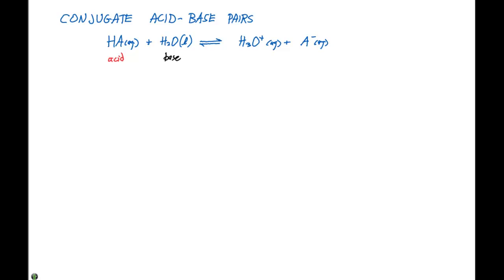On the other side of the equation, we also have our acid, which we described, which is H3O+, and our base is going to be A-, because when we look at the reverse reaction, we also have a proton donor and an acceptor. This leads to something called conjugate pairs, where we have an acid, HA, and its conjugate base is going to be the A-.